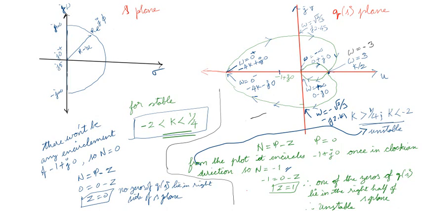The shape is not important, only the number of encirclements is important. We have n equal to p minus z, where p is the poles of q of s and z is the zeros of q of s in the right side of the s plane. That means for the system to be stable, n times encirclement of minus 1 plus j0 in the counterclockwise direction should happen. Then only the system is stable.